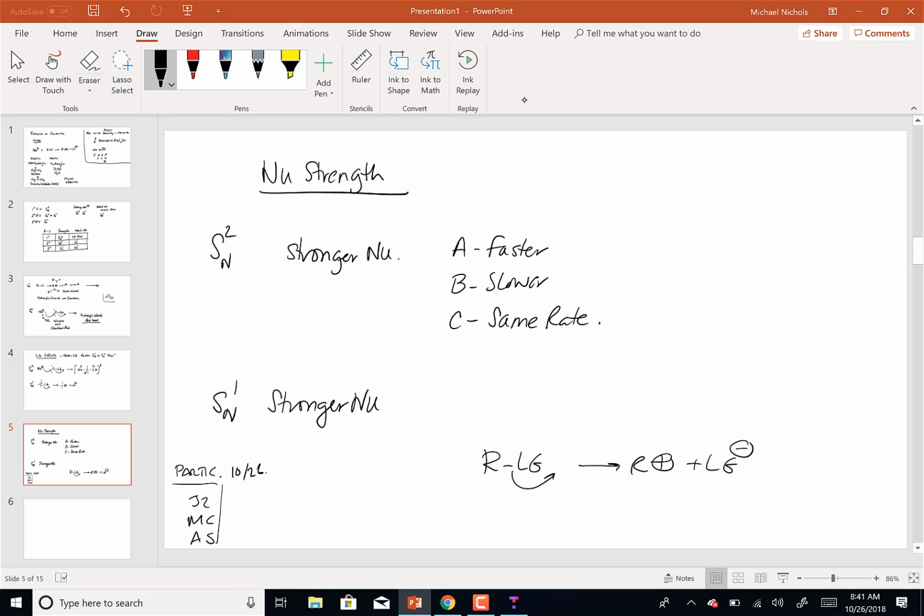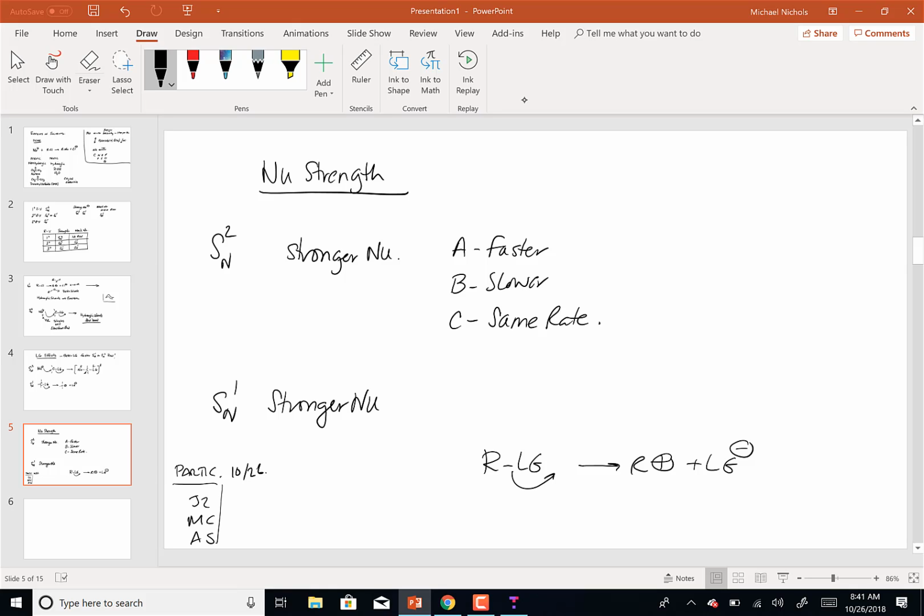So it turns out for an SN1 reaction that you can use a better nucleophile, but it's not going to increase the rate of the reaction. The rate of the reaction is totally based on this first rate determining step. And so what's it going to be based on?